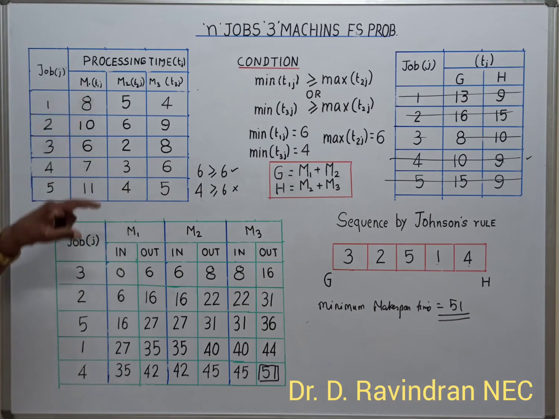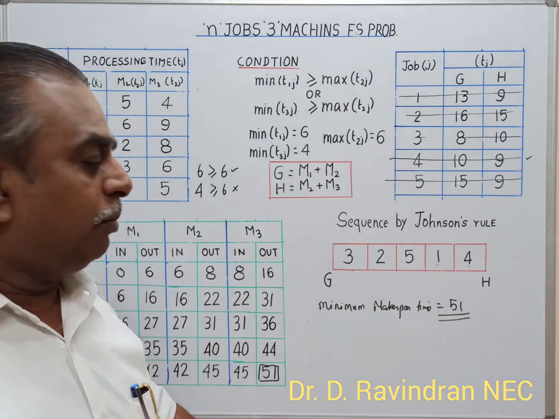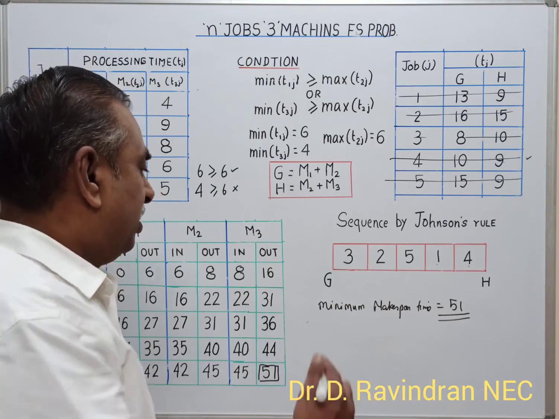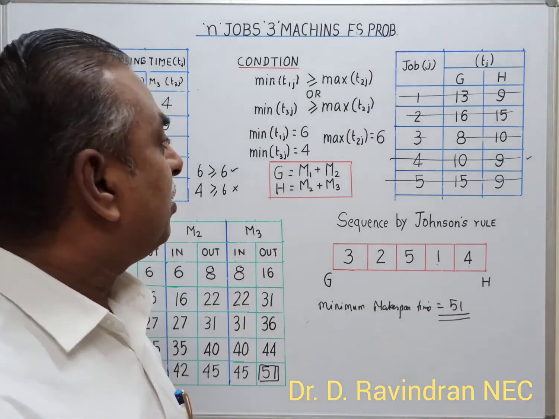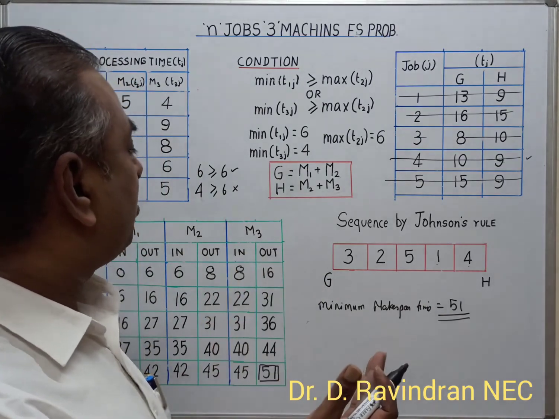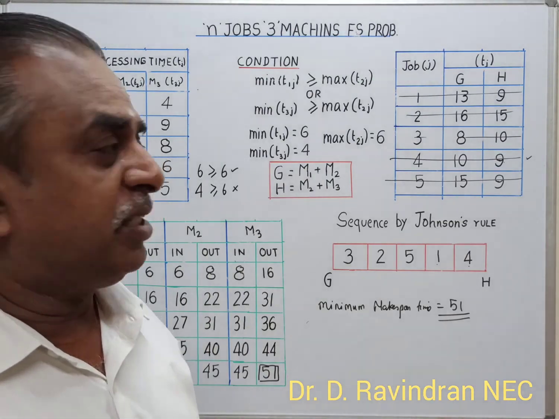When you process these 5 jobs in this sequence, the time to complete all the jobs will be equal to 51. So this is how an n jobs 3 machines problem can be converted into an n jobs 2 machines problem, and then we can solve it and find the minimum makespan time.